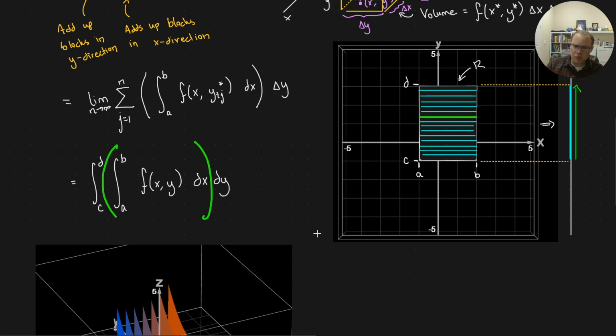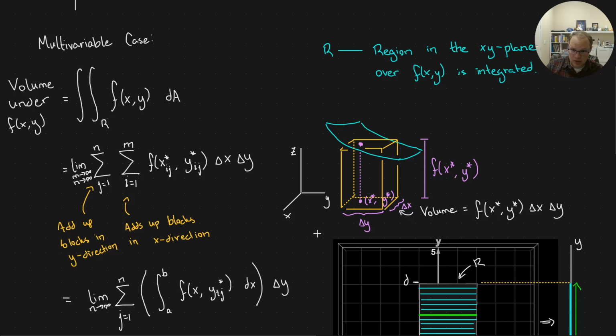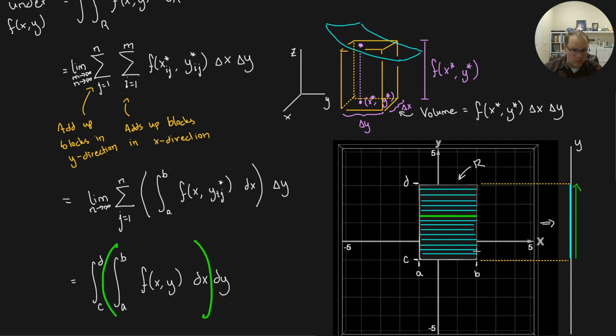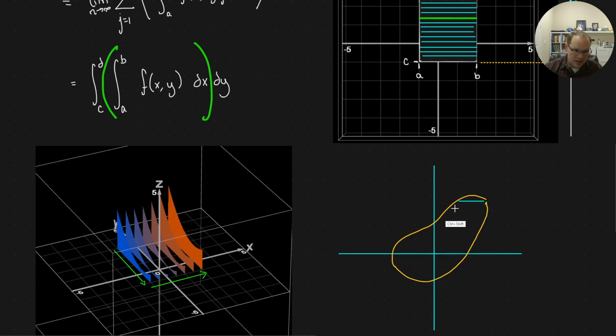In this particular section, we will be limiting ourselves to rectangular regions. Rectangular regions are much easier to deal with than more general regions, but eventually we will want to integrate over some other region, maybe something like this, and then we would again have to slice things up.